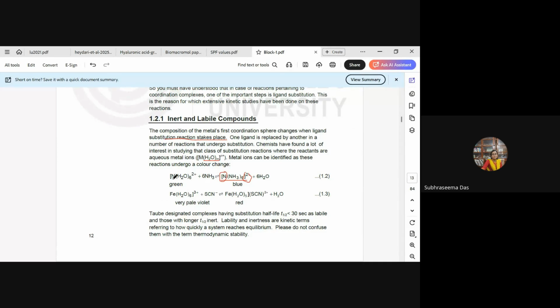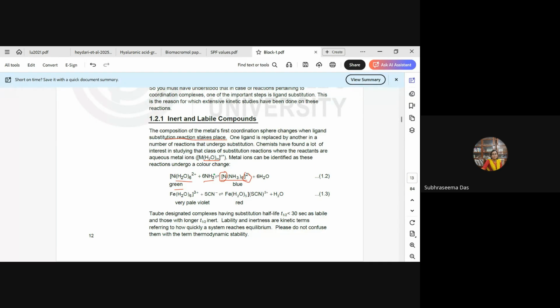Like in this case, this is hexaaqua nickel, that is Ni(H2O)6. It is green in color. When we dissolve this compound in liquid ammonia, that is 6NH3, it undergoes a substitution reaction. The six H2O ligands are completely replaced by the same number of NH3 ligands.